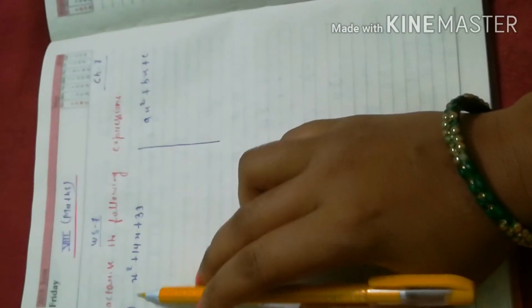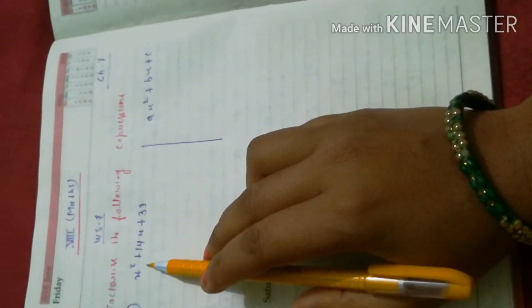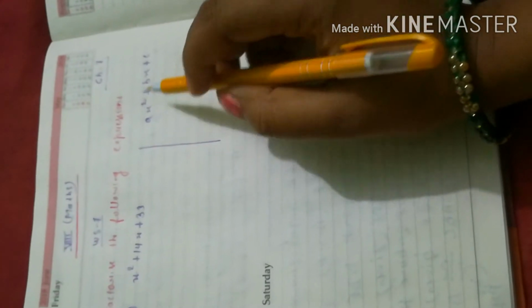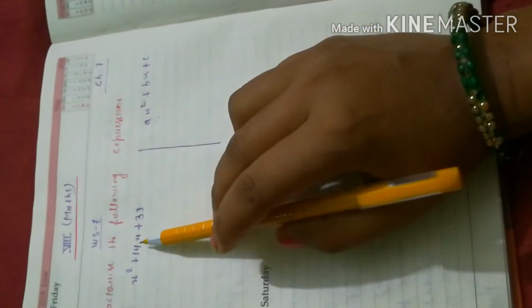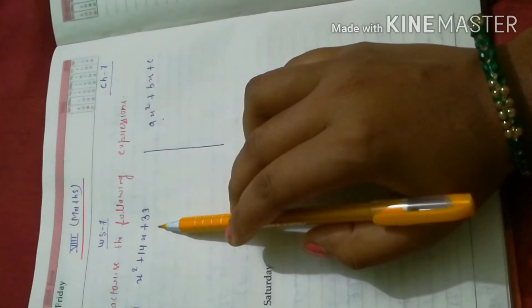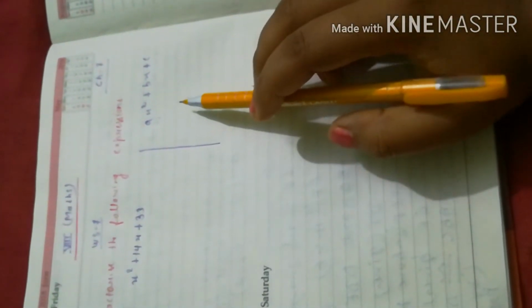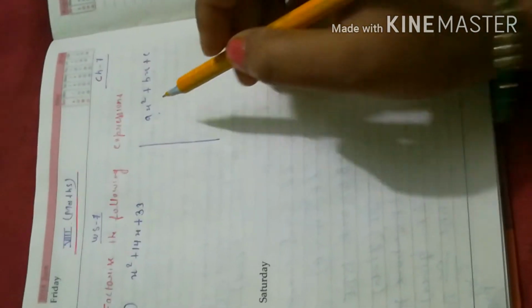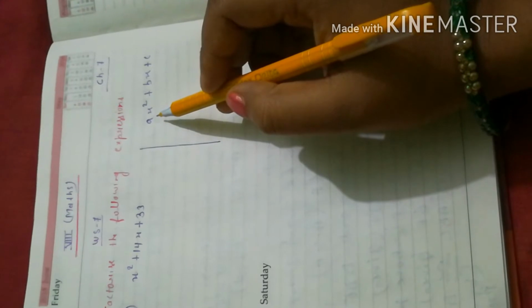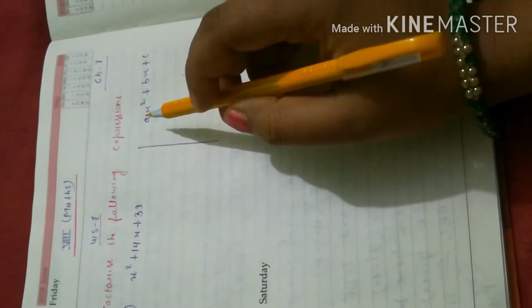With x square we can write 1 into x square. So the coefficient of x square equals 1, the coefficient of x equals 14, and c is the constant term, and the value of c is 33. All of you know the meaning of coefficient. Coefficient means the constant number written with a variable.